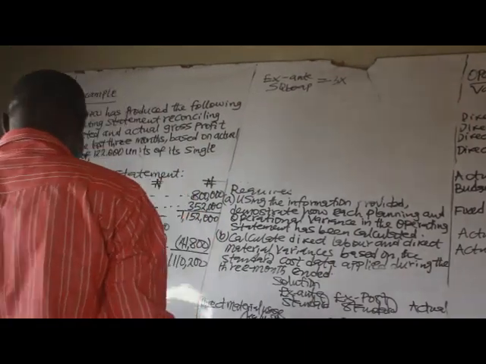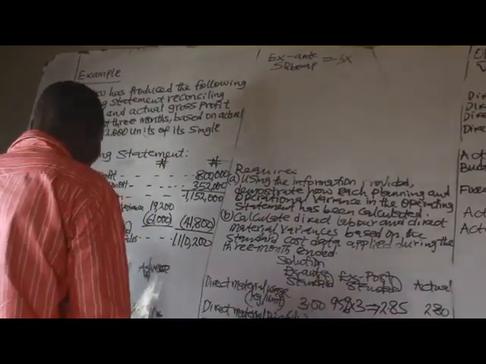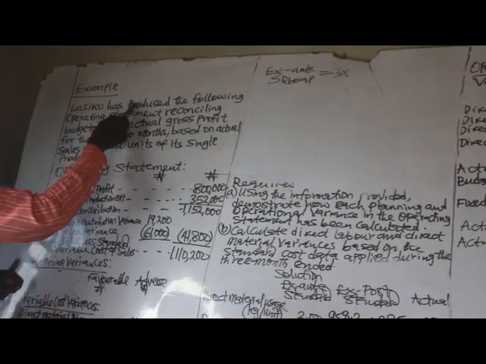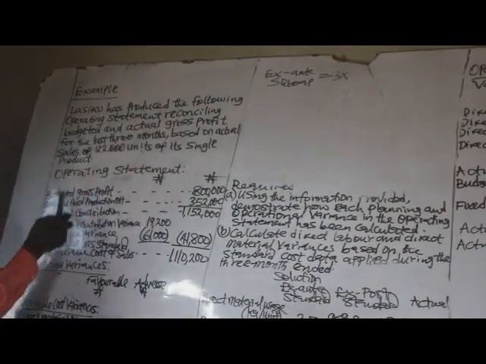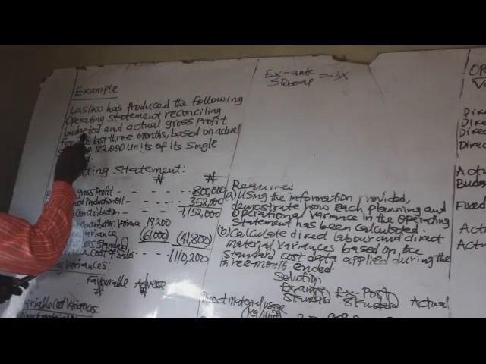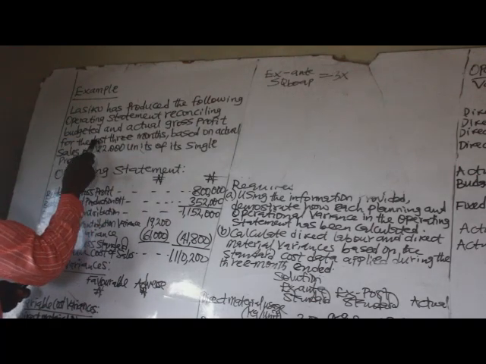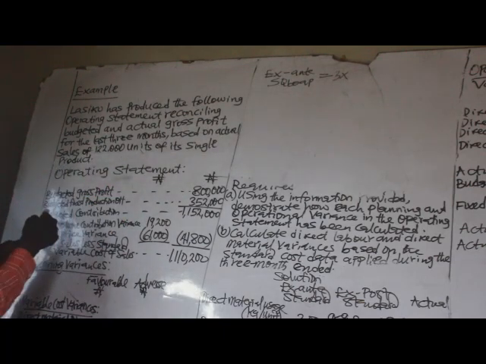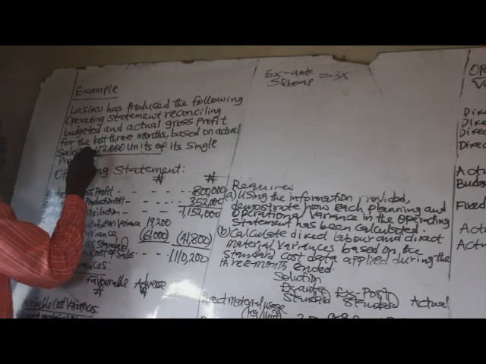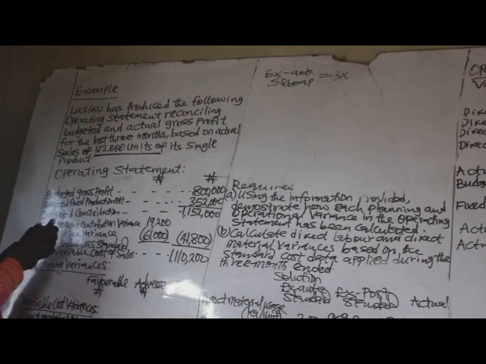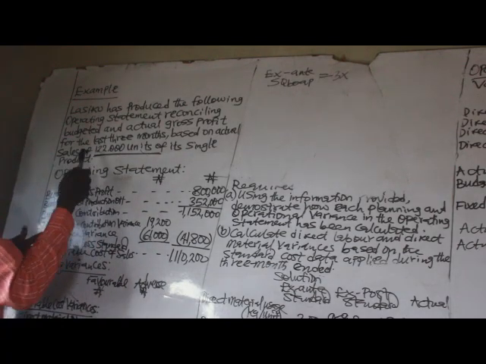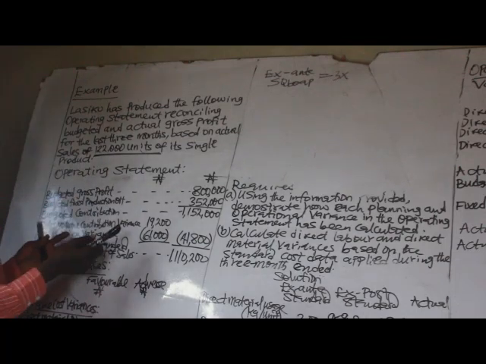Back to the question. You were told that LASICO has produced the following operating statement, reconciling the budgeted and actual gross profit for the last 3 months based on actual sales of 122,000 units. Actual production was not given, and you are not given the level of inventory.